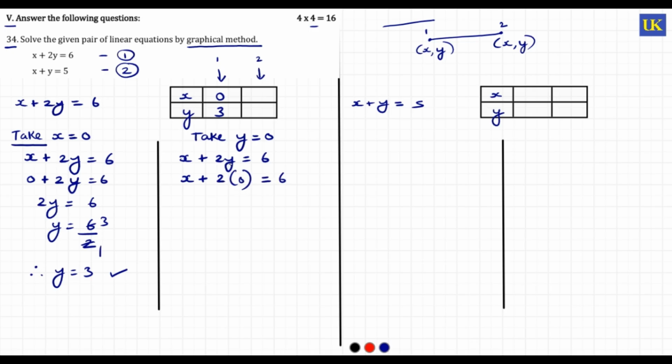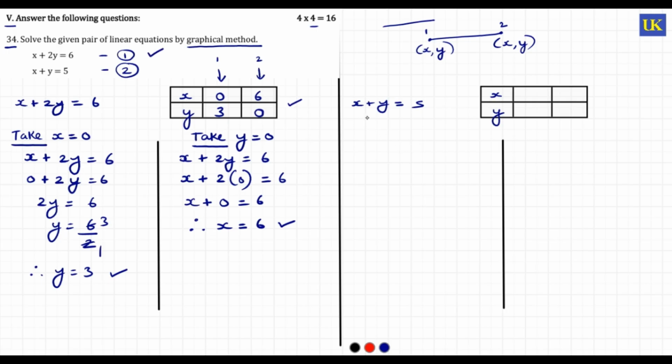So x plus 2 into 0 is 0, equal to 6. So leave the 0. So x will become equal to 6. So when we took y as 0, we got the value of x as 6. Okay, so these are our two coordinates for equation 1.